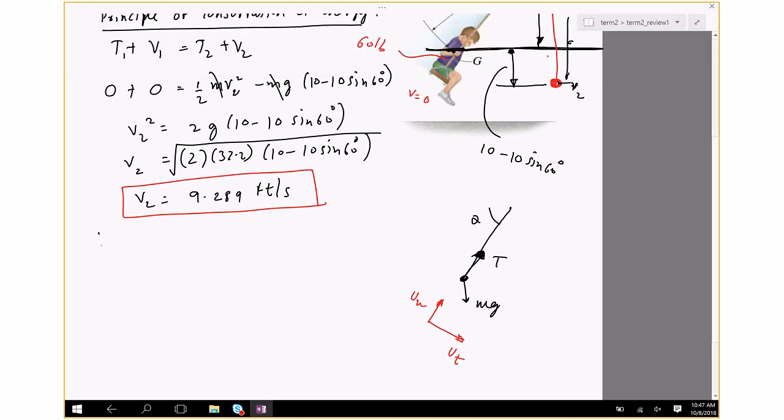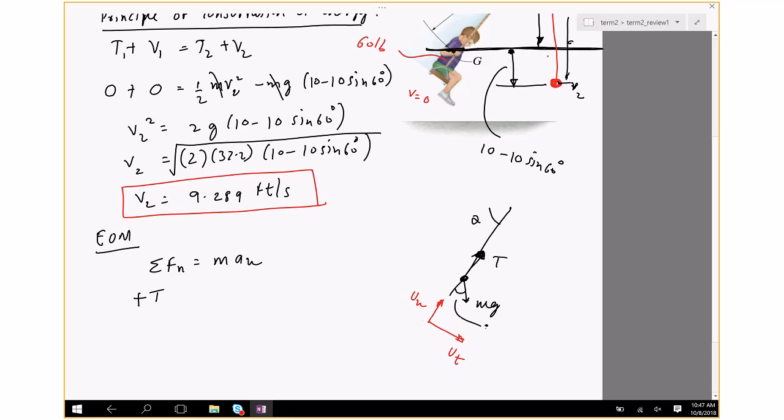So equations of motion. I only need the equation in the n direction because that will help me solve for T. So T, which is in the un direction, now let me write Fn equals mass times An. So Fn is plus T because it's in the un direction. And then I need to resolve mg in this direction.